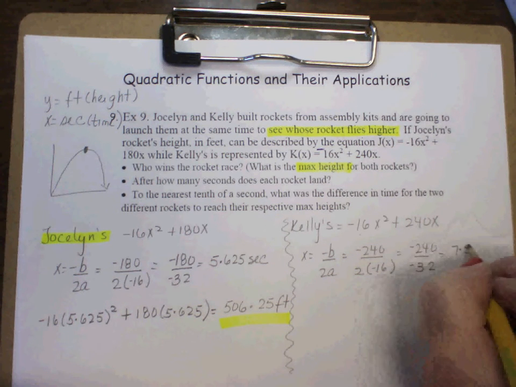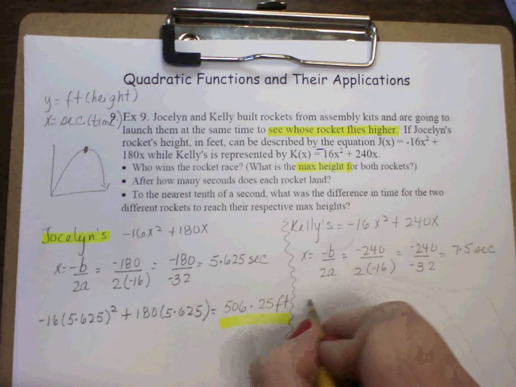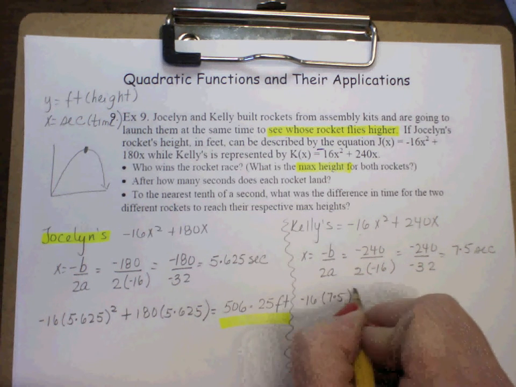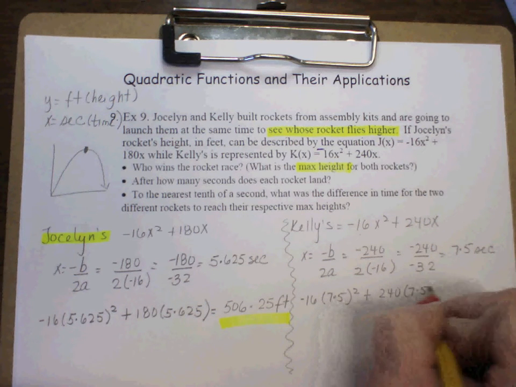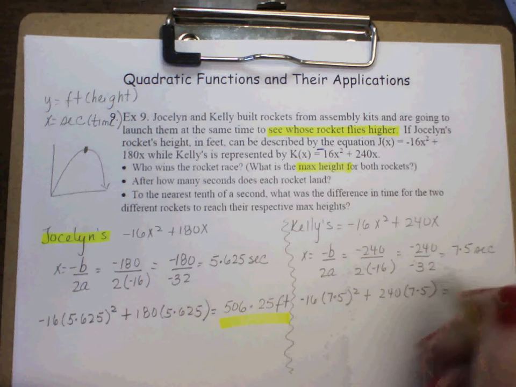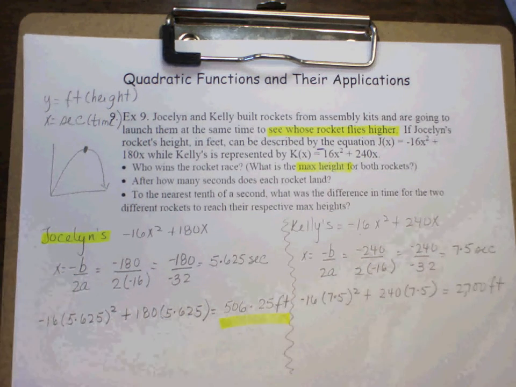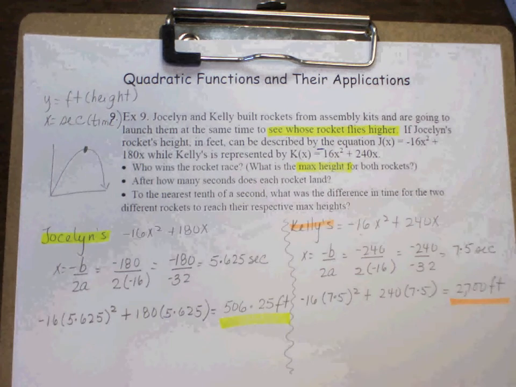Now let's plug that x into the equation so that we can figure out the height. And when you do that, you get 2,700 feet, and that would be Kelly's. So who wins the rocket race? Most definitely Kelly.